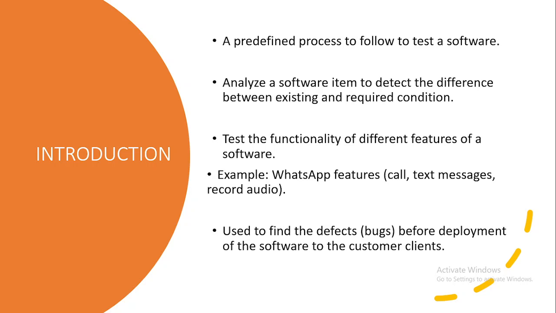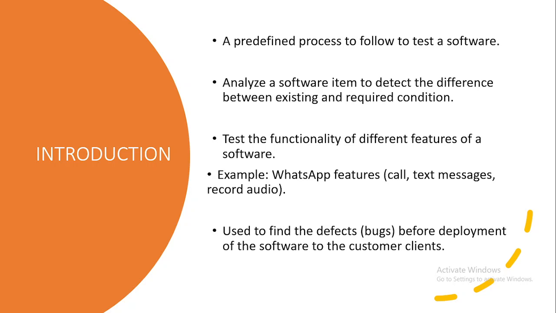So the software testing team has to detect the difference, whether it is according to the customer requirement or not. If it is, then it will pass it and move it to the deployment stage. But if it is not, then it will report it back to the developer teams, and will inform them that there are functions that are not working, and there are requirements which are not met by this particular software, which are there in the requirements of the customer.